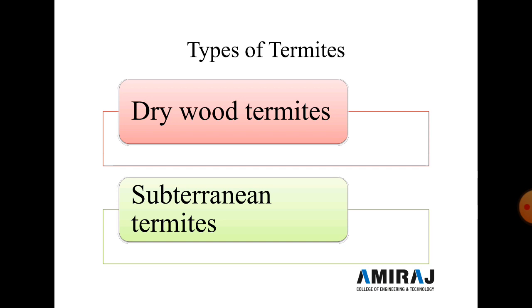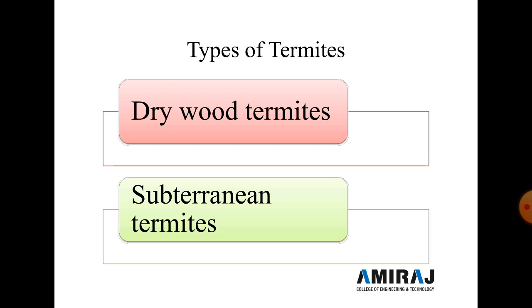Now next is the subterranean termite. Subterranean termites live in soil because there are favorable conditions like moisture, and they are mainly responsible for damaging the building and its parts. They build nests in the form of mud walls, tunnels, or tubes.